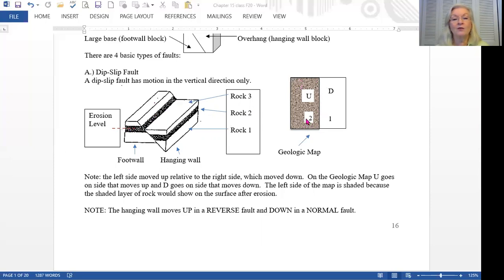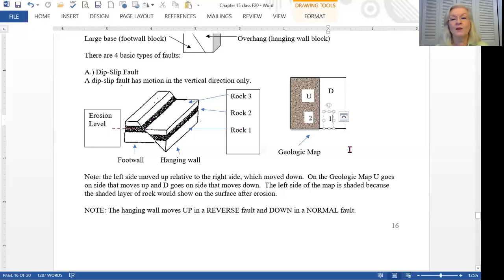So rock layer 2 on the left and rock layer 3 on the right, because we erode down to this shaded layer on the left and stay at layer 3 on the right. Oh, I'm sorry, that says 1. That's supposed to say a 3. Let's fix it. Rock layer number 3.